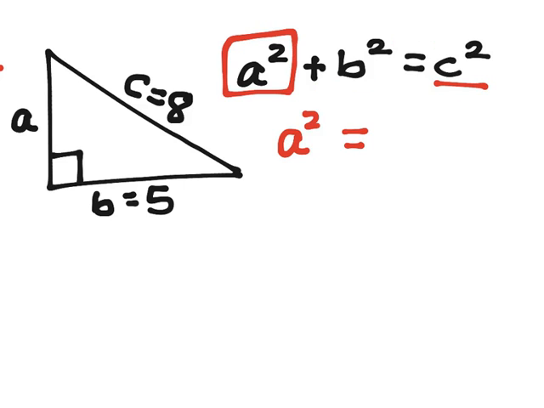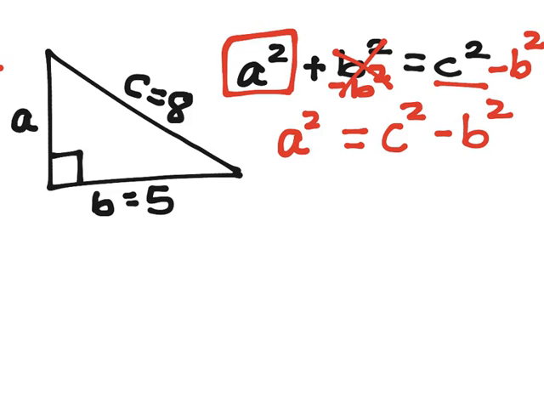I do that by subtracting b squared, because right now I have plus b squared. If I subtract 1, that equals 0 and they cancel. But whatever you do to one side, you have to do to the other. So we're going to subtract b squared from c squared. So our new equation to plug into would be a squared equals c squared minus b squared.